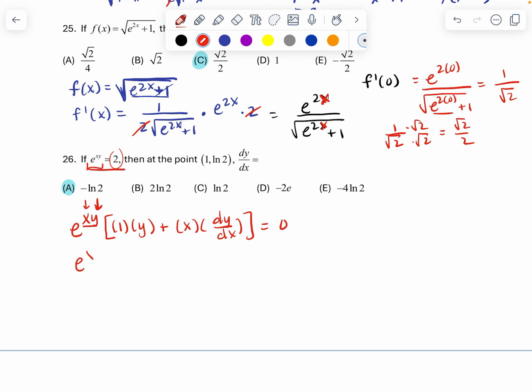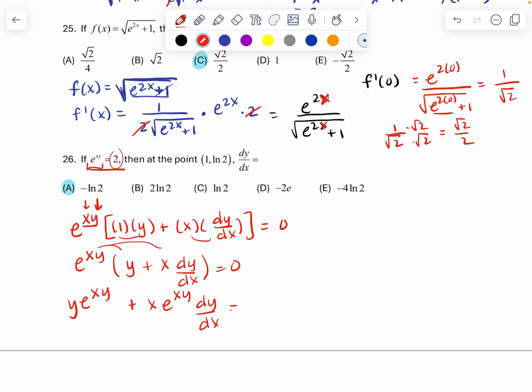I have e to the xy times 1 times y is y, plus this is x dy/dx, equals 0. If I want to solve for dy/dx, I need to distribute this. So I'm going to get e to the xy times y, I'll just write as y e to the xy, plus x e to the xy dy/dx equals 0.